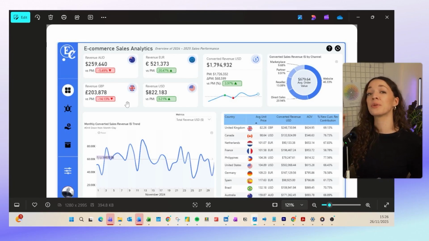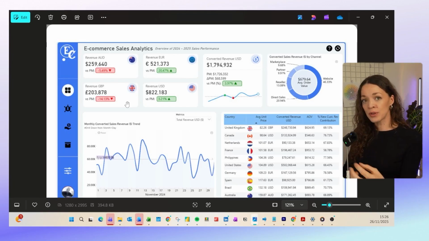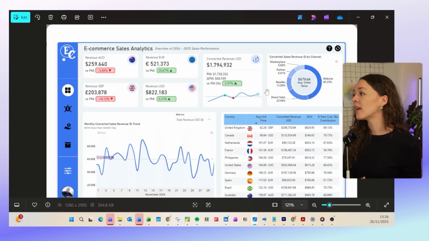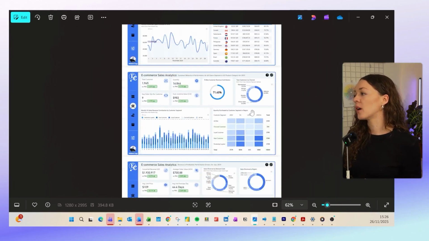But overall, this person is really on the right track of figuring out how to use their interface to communicate more and communicate stronger and have more of a storytelling to it. Then there's a lot of use of donut charts. A little bit too much, in my opinion.